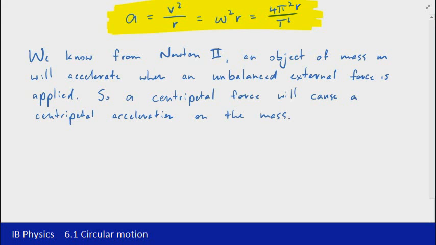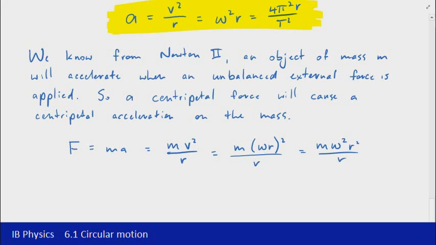If we think about Newton's second law, F is equal to ma, but we know that the acceleration here is v squared on r, so we can write that instead. So F is equal to m v squared on r. Again, if we use our other ways of expressing v, omega r, and square all of that, dividing by r still, we end up with m omega squared r squared divided by r, which leaves us with m omega squared r.